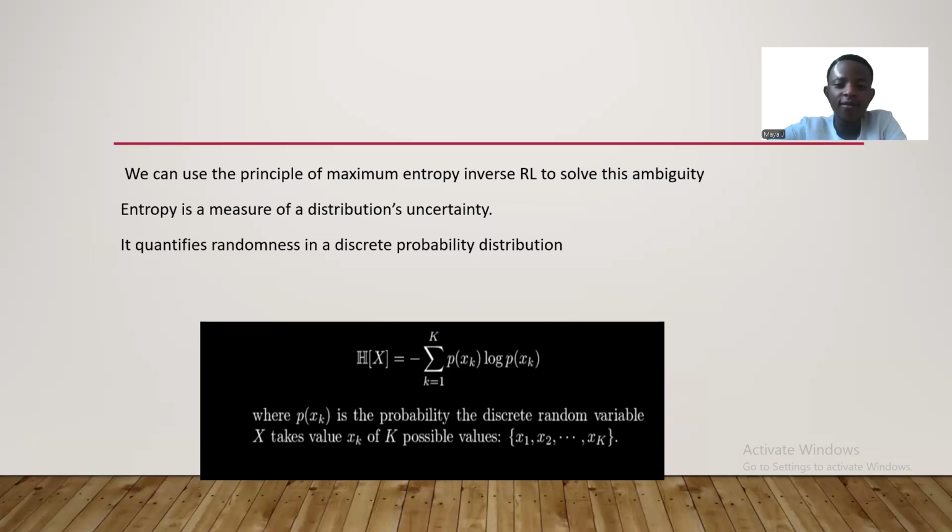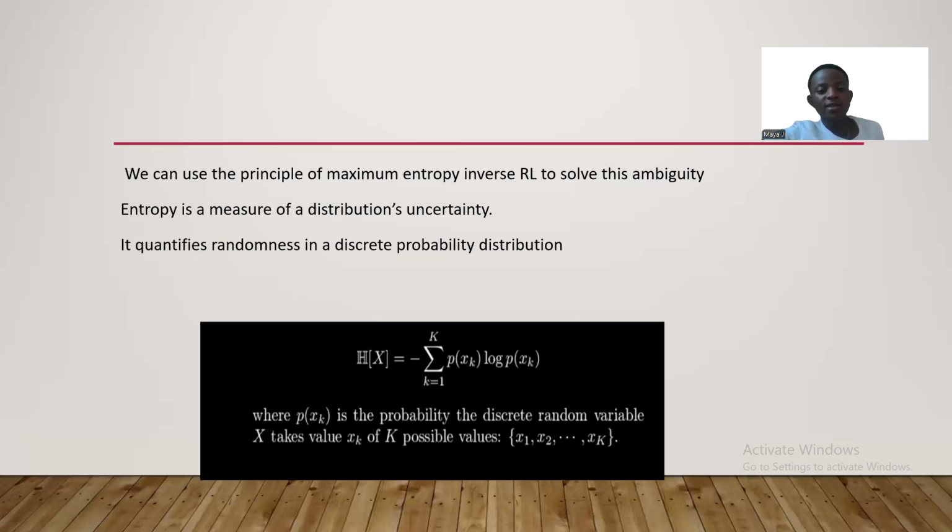In this case, we are maximizing the entropy, but what is entropy? Entropy is a measure of the uncertainty of the distribution. It quantifies the randomness in a discrete probability distribution.